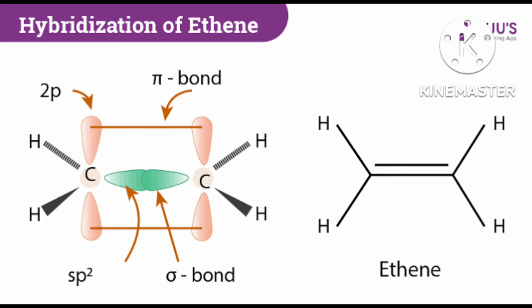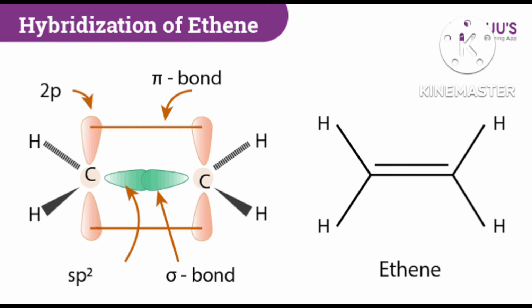Now just listen. One sp hybrid orbital of one carbon atom overlaps axially with an sp hybrid orbital of the other carbon atom to form the carbon-carbon sigma bond, while the other hybrid orbital of each carbon atom overlaps axially with the half-filled s orbital of a hydrogen atom, forming sigma bonds.